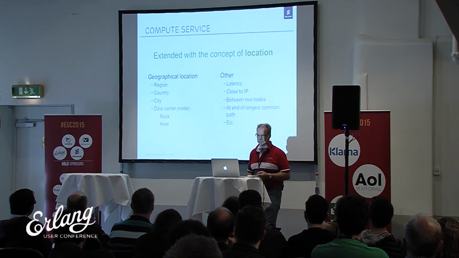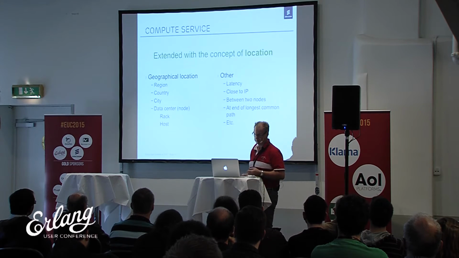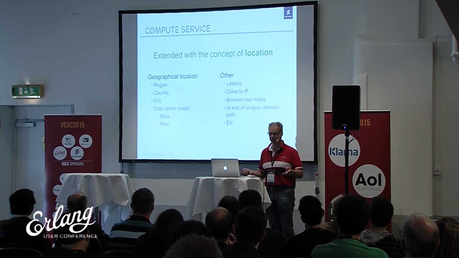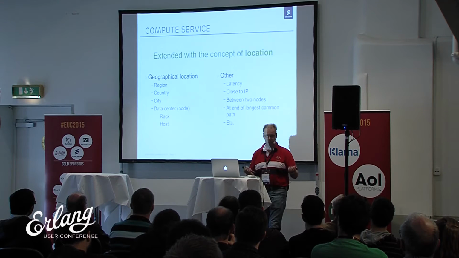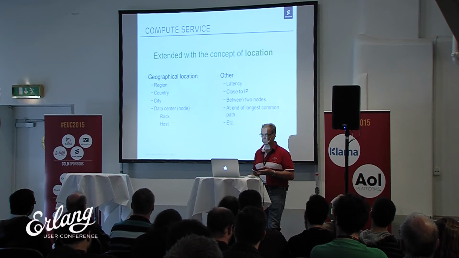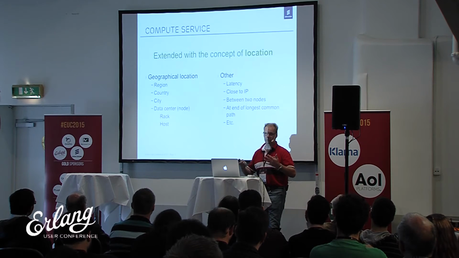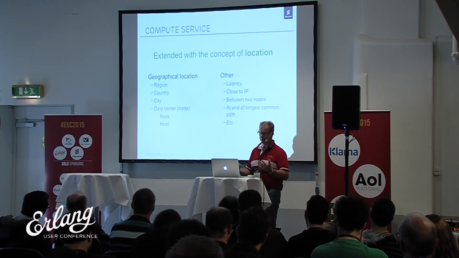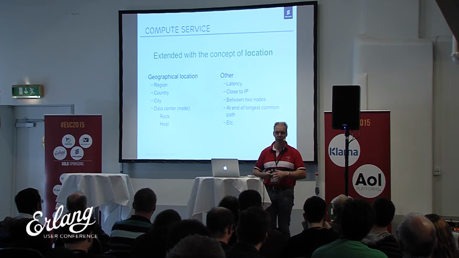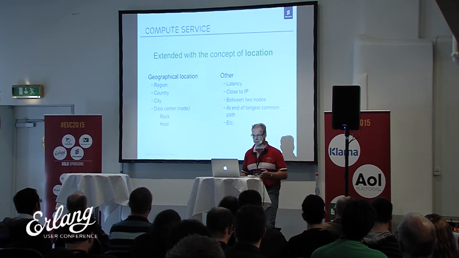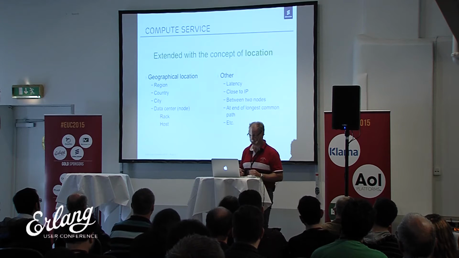And that is not just geographical location, as you see here, for example region, country, city, or a particular data center, in a particular rack or on a particular host. It's more than that. We have extended it to specify a certain latency range from some other entity, and so on. So it's more than just geographical location.